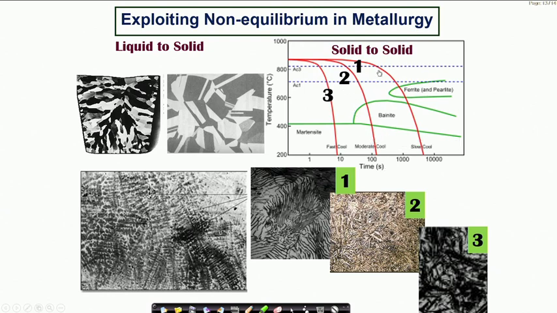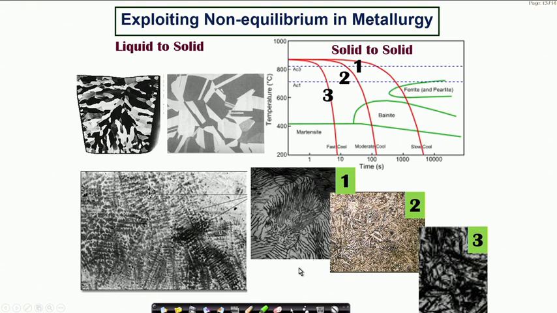In the solid state also, depending upon the way you cool through single to double phase or vice versa, you can develop various kinds of microstructures. And this is a typical example borrowed from steel, which shows that the same steel, same composition, depending on the cooling rate of 1, 2 and 3, can give you microstructure which is lamellar, pearlitic, which can be bainitic, which is another aggregate, and finally also something which is martensitic.